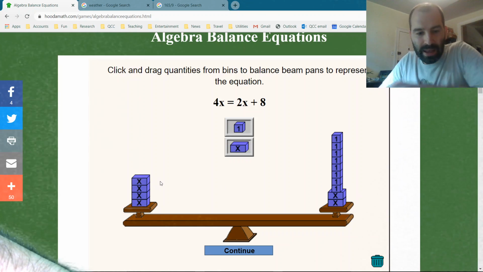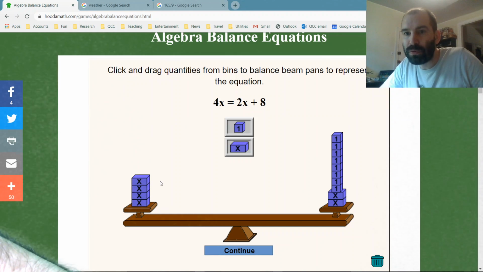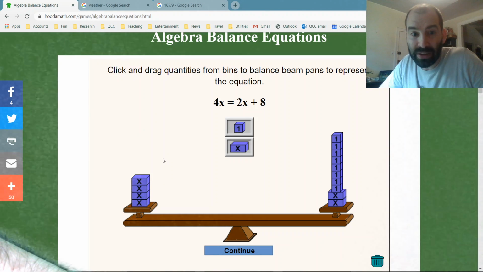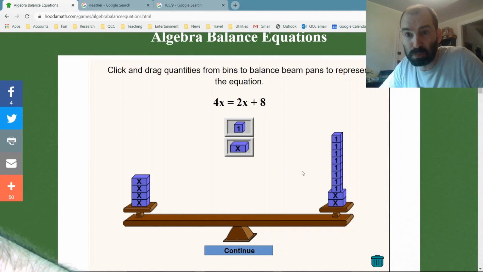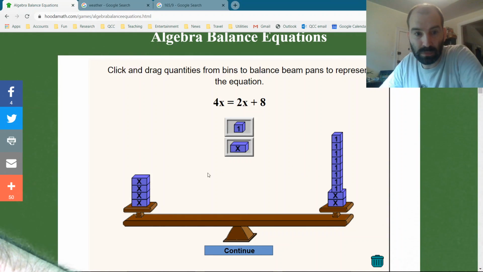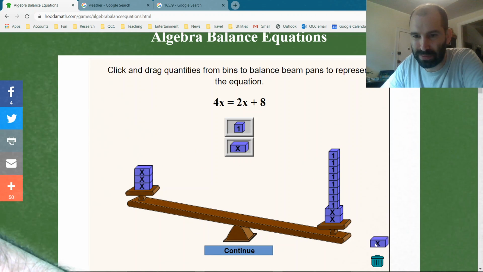So I can keep the scale balanced provided I remove the same amount from both sides, right? So the scale will stay balanced if I remove an x from both the left and the right. I've removed the same amount, so the scale should stay balanced, right? So I'll remove an x from the left. Oop, didn't mean to put it onto the right.